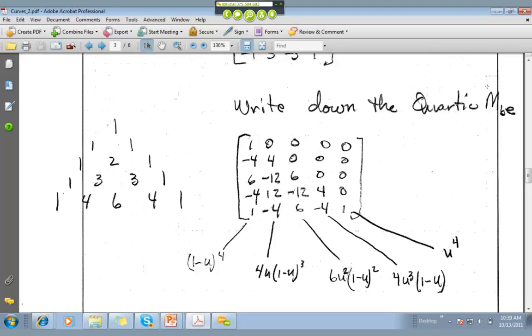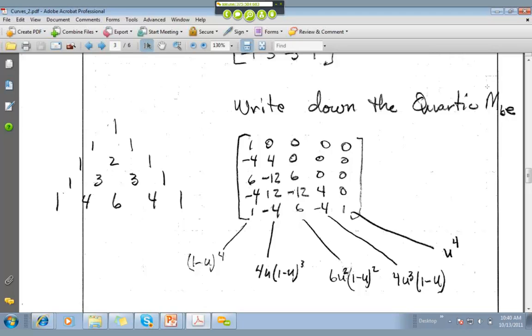Right? What are all the magic coefficients that go in front of these things? Well, it's this bottom row. So this has a 1, a 7, a 21, a 35, a 35, 21, a 7, and a 1. So we can just write down the coefficients of this column from where?